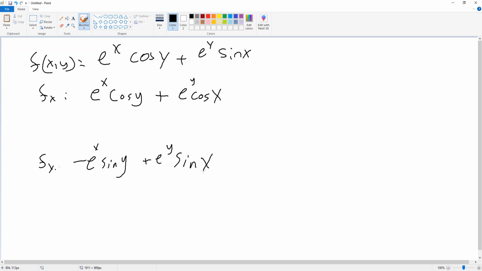Do we all agree? Why did we not take the product rule? This e to the x is a constant, it's just like a number. Or sorry, the cosine of y. So this guy right here is just a constant in that world, right? And this guy right here is also just a constant.